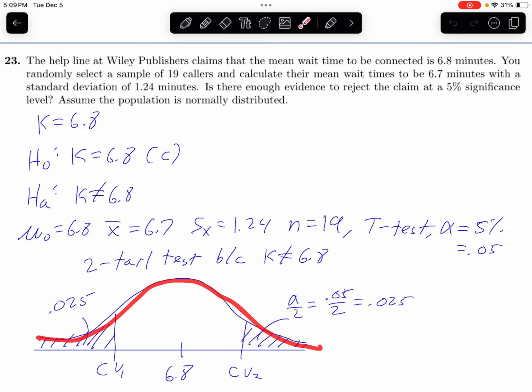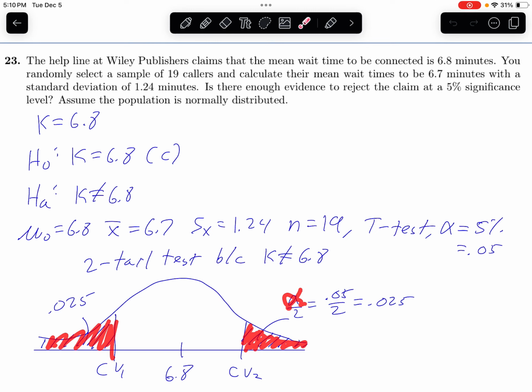Data is normally distributed, so we can draw a normal distribution. We can center it at our claim value, 6.8. And because this is a two-tailed test, we're going to have two separate rejection regions, one on the left-hand side and another on the right-hand side with two critical values at the border of each.